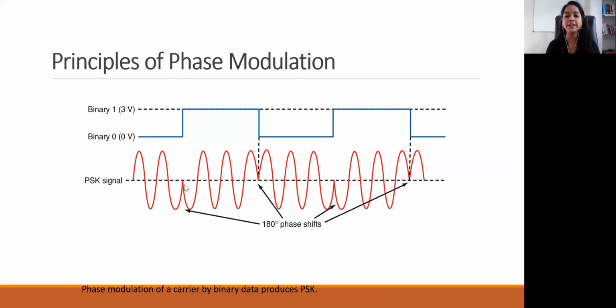Here you see, there is a complete phase shift of 180 degrees. If the wave changes from 0 to 1, the phase is also changing from 0 to 180 degrees. The carrier has had a full phase shift of 180 degrees. So this is called phase modulation.